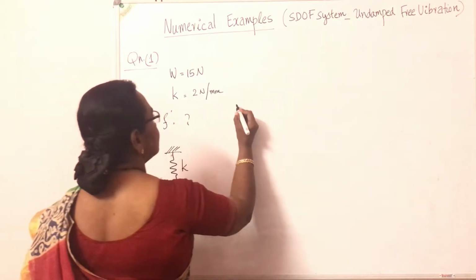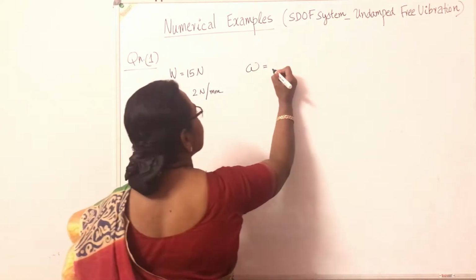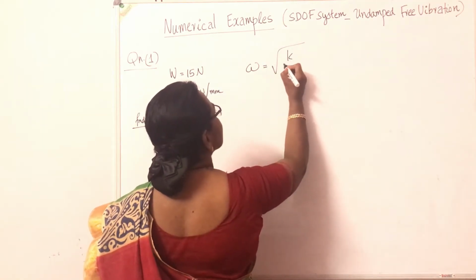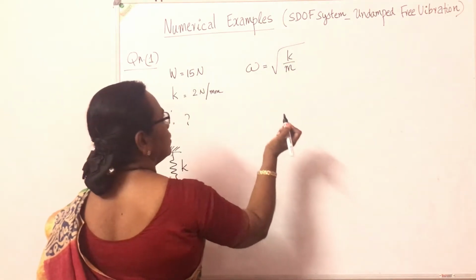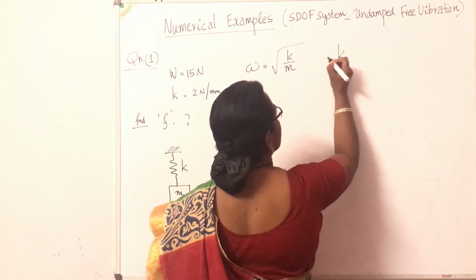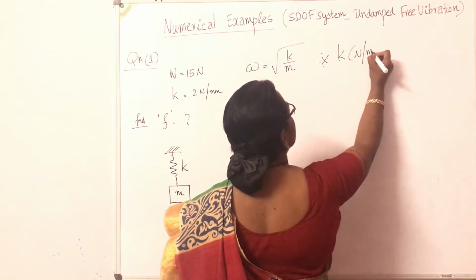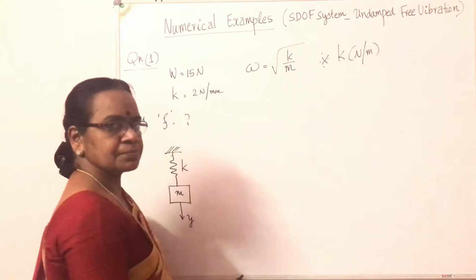From this we have the equation, the natural frequency omega is equal to root of K by M. A very important thing is that the stiffness K should be substituted in Newton per meter.